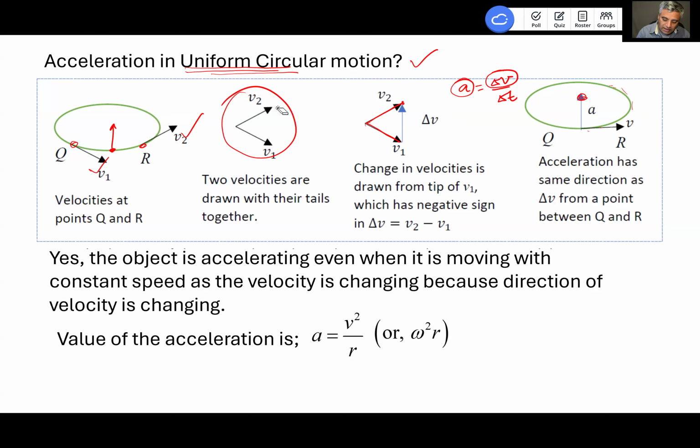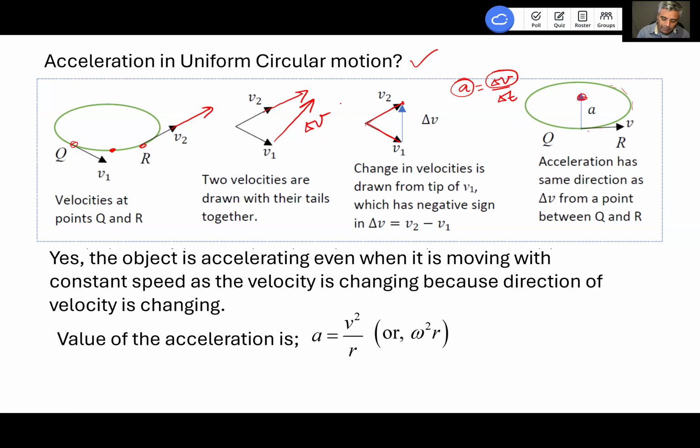And let's say the motion was non-uniform, for example, speed is changing. So in that case, what's going to happen? One possibility is speeding up, meaning the final velocity is larger. So in that case, the change in velocity vector is slightly off from the center.